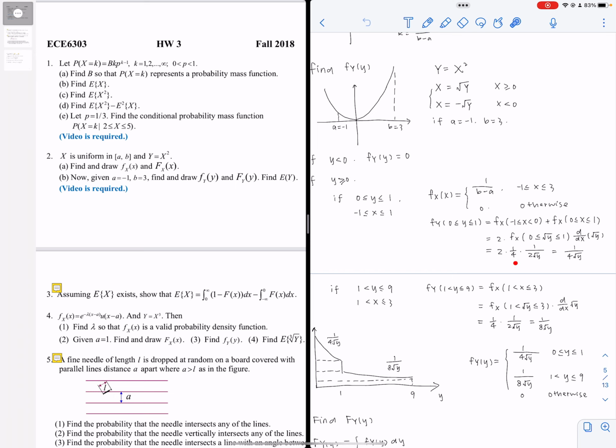So we have this 1/4 here, and then this would be the derivative of the square root of y, right? So pretty much this is y to the power of 0.5, and then we'll just have this as its derivative. And eventually we have 1 over 4 times the square root of y.